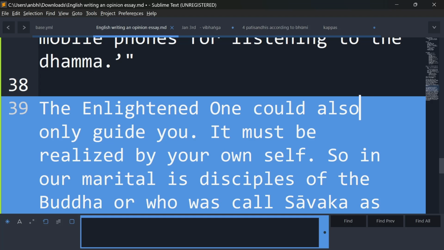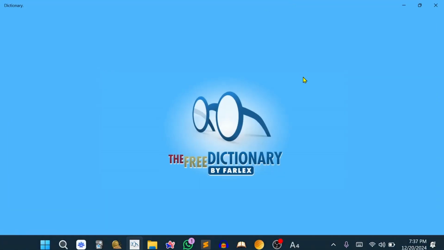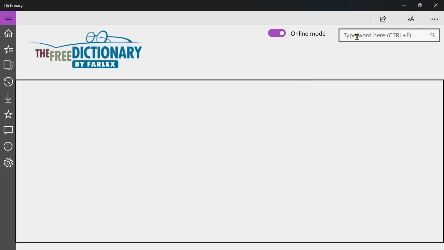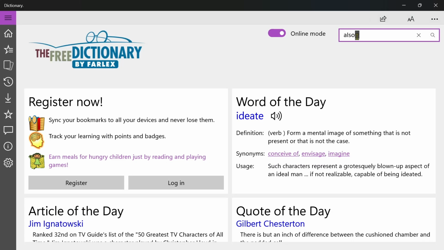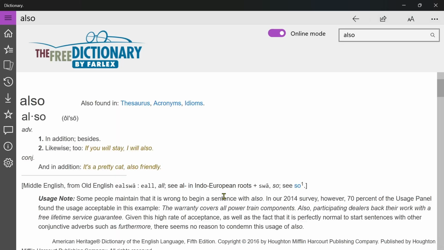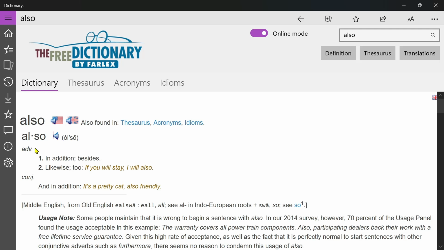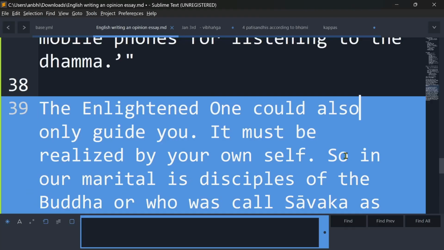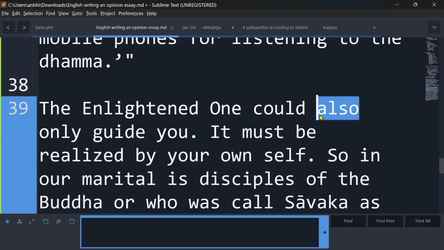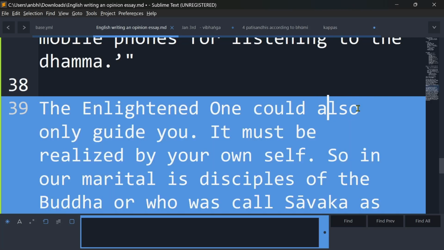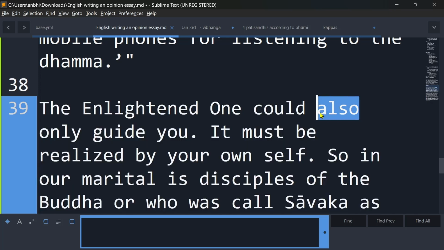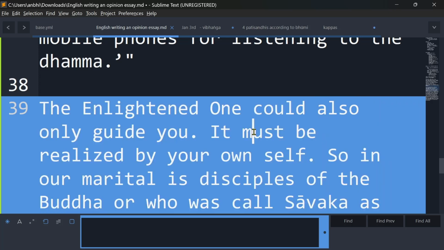Also is an adverb, no? Adverb or conjunction. Yes, looks like it's an adverb. I could also.